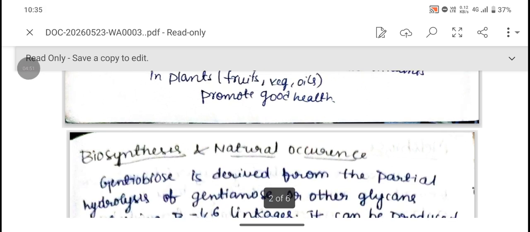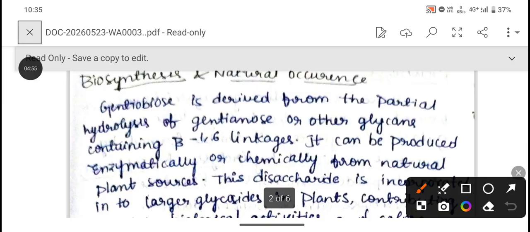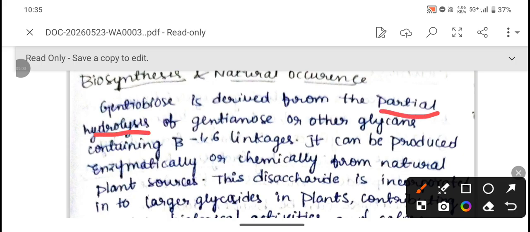Let's see the biosynthesis and natural occurrence of Gentiobiose. Gentiobiose is derived from the partial hydrolysis of gentianose or other glycans. So it can occur naturally, or it can be derived from the partial hydrolysis, or half breakdown, of gentianose or other glycans containing beta-1,6 linkages.